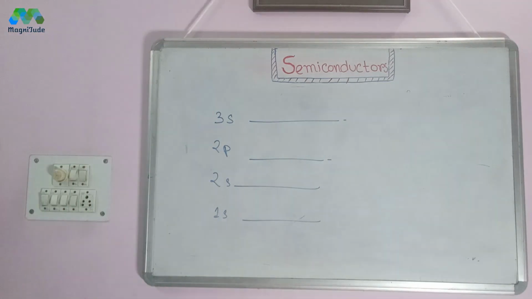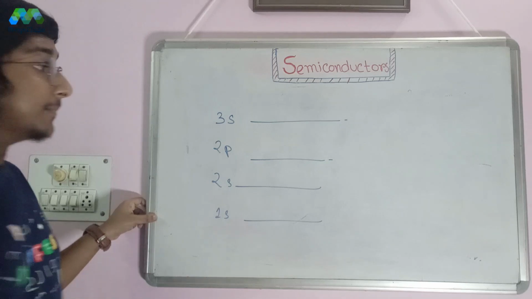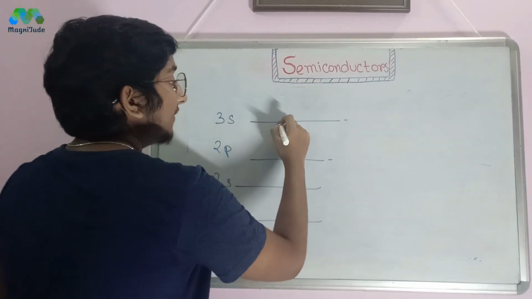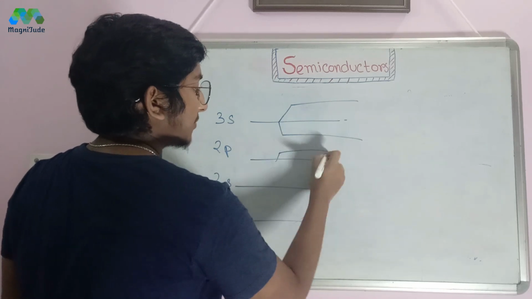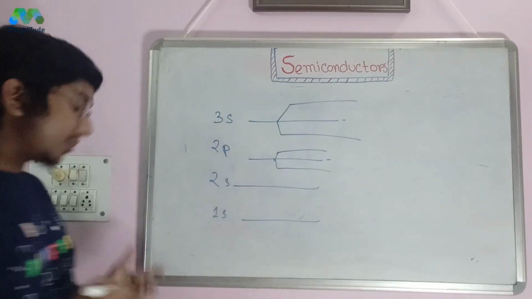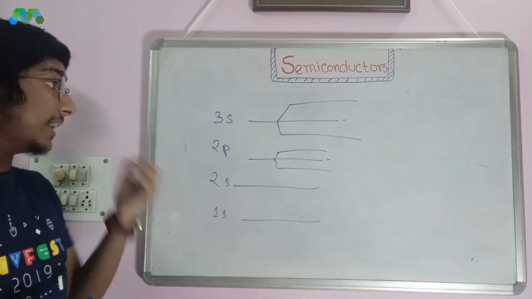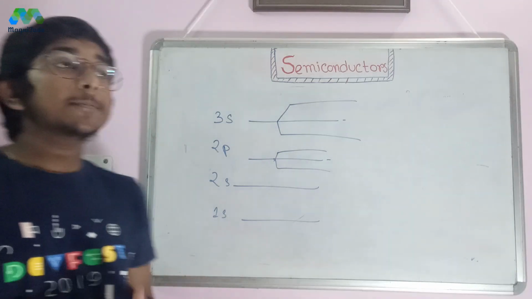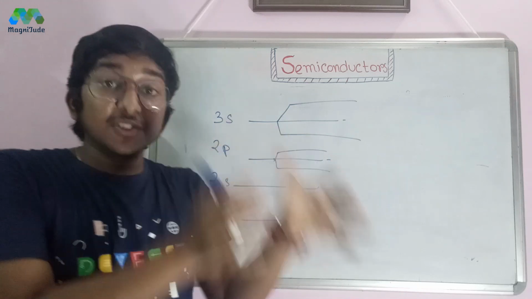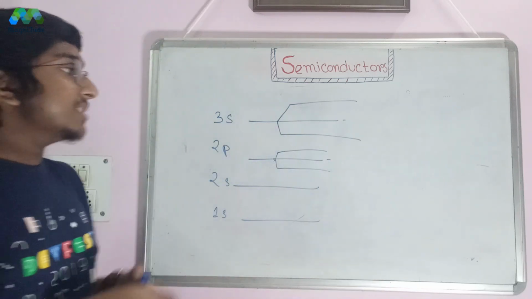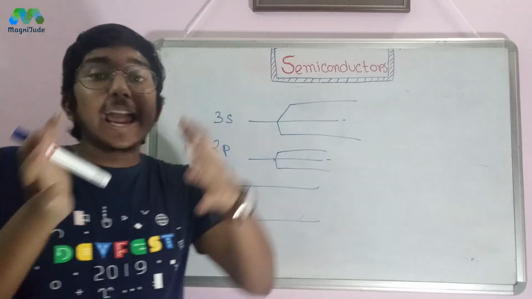This doesn't remain a discrete format; it becomes a band. Why does this become a band? In a crystalline format, all the atoms take a unique position, and when atoms come into a crystalline format, they interact with the adjacent atoms.